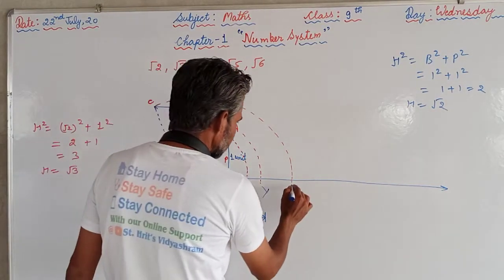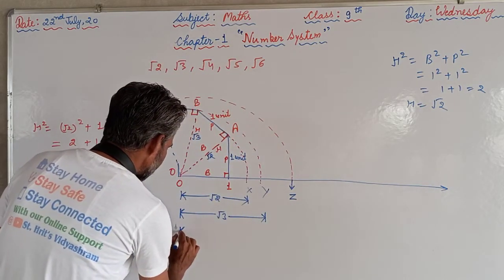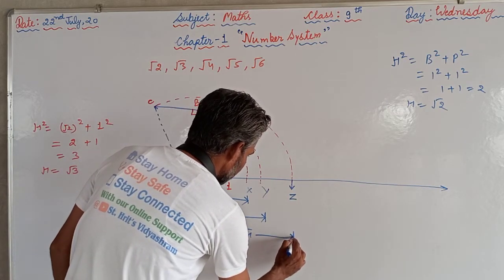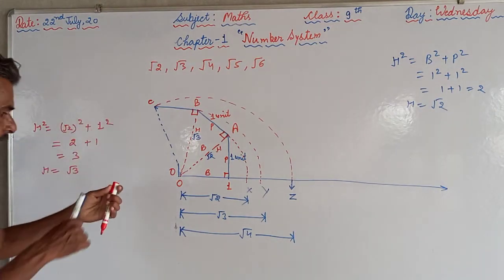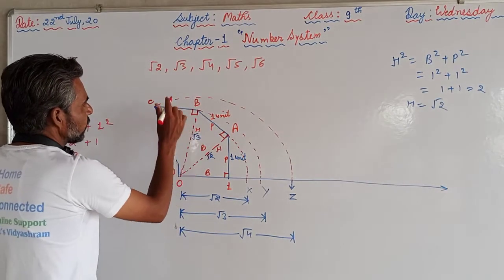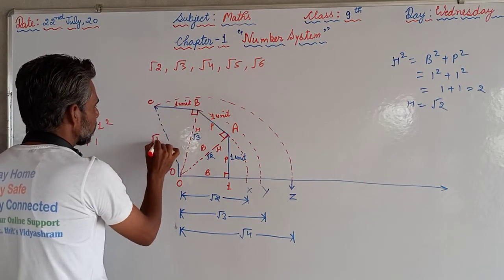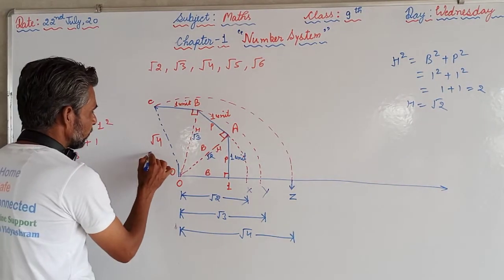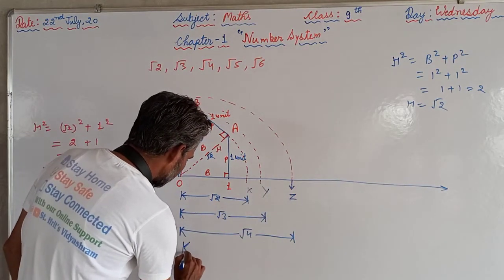Suppose this is Z, so OZ will be under root 4. I told you that this is very important, because this is under root 3 and this is 1 unit, and this will be under root 4. We easily know the value of under root 4, because 4 is a perfect square, and that will be 2. So this should be 2.